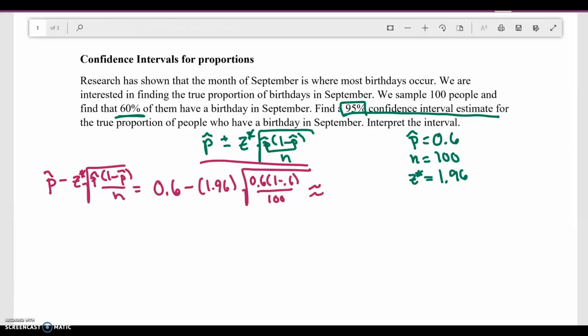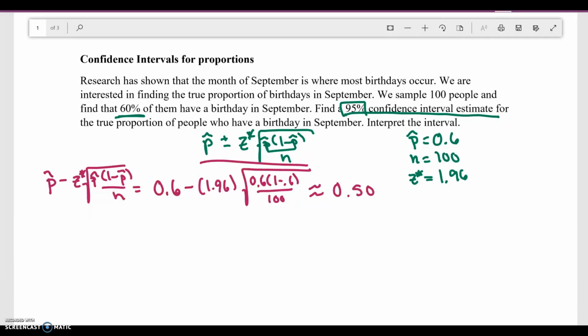Let's round this to about 2 decimal places. I'm going to put that in my calculator, so go ahead and try putting that into your calculator and let's see what you get. I got about 0.50 if I round to 2 decimal places.